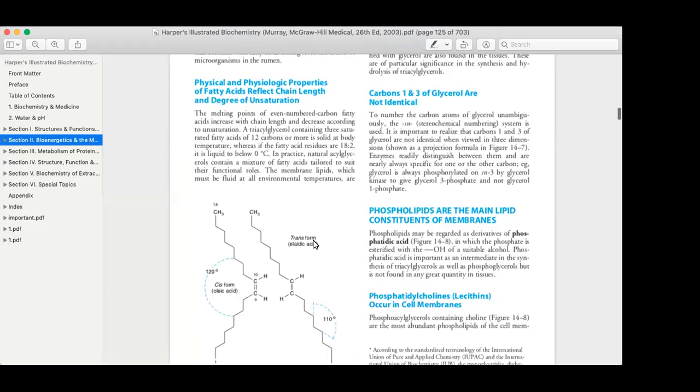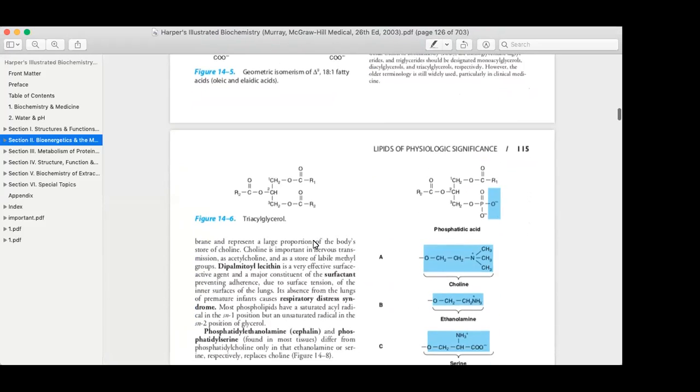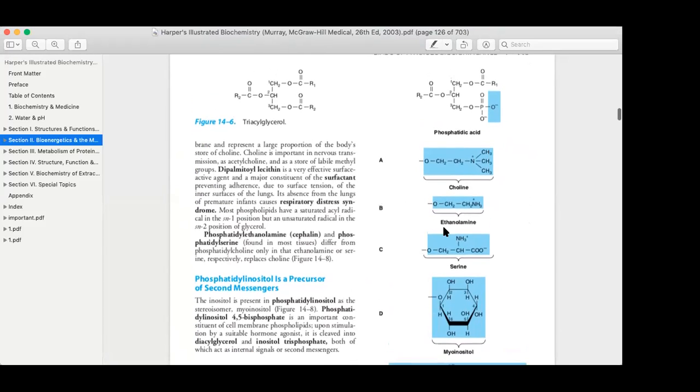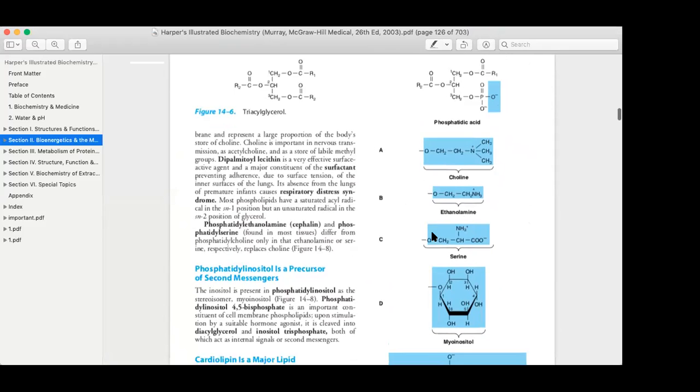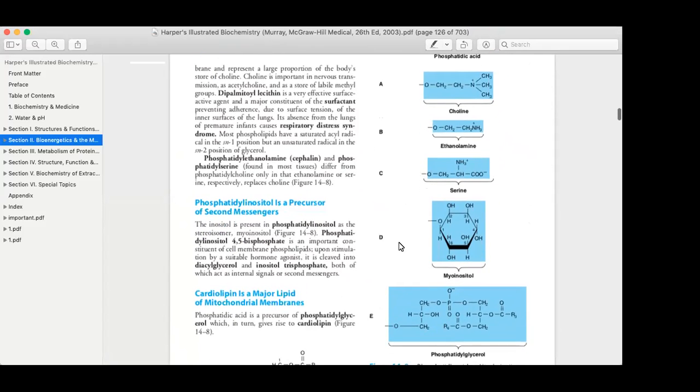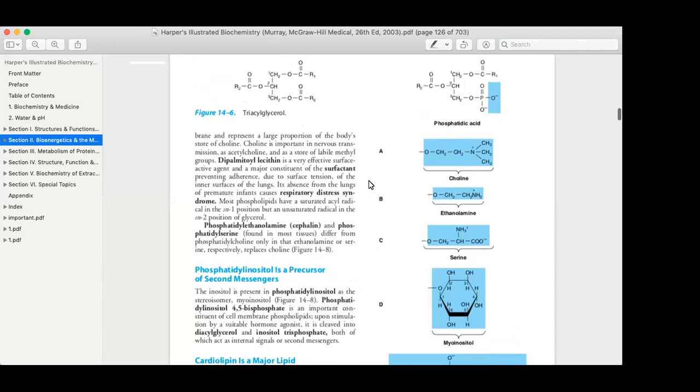Leave this now. This is the slide which we have discussed, that the X group may be choline, ethanolamine, serine, and myoinositol. Dipalmitoyl lecithin is a very effective surfactant agent and is a major constituent of the surfactant preventing adherence due to surface tension of the inner surface of the lungs.